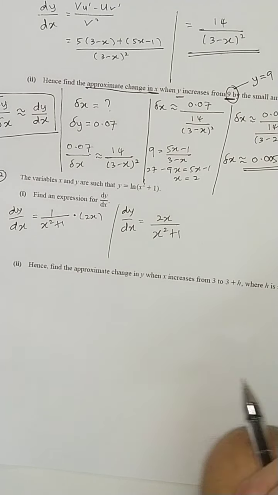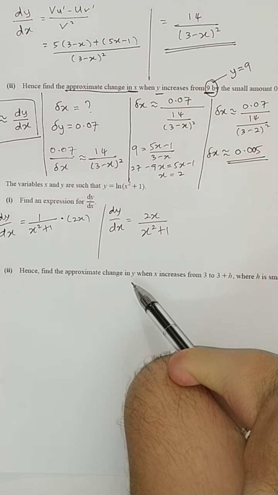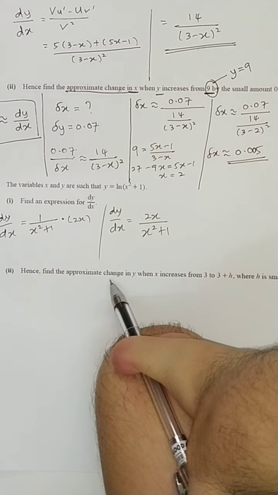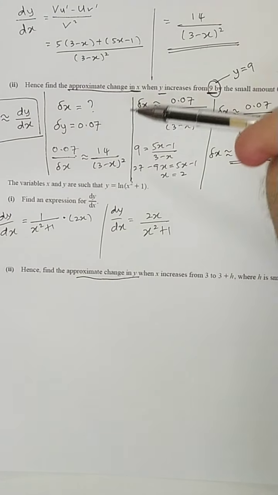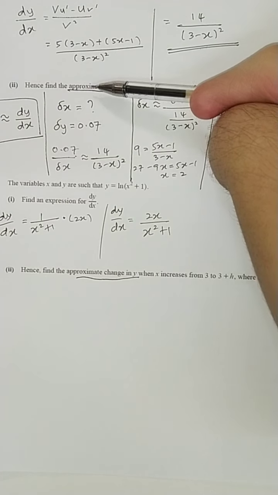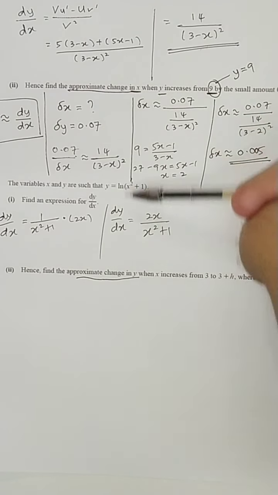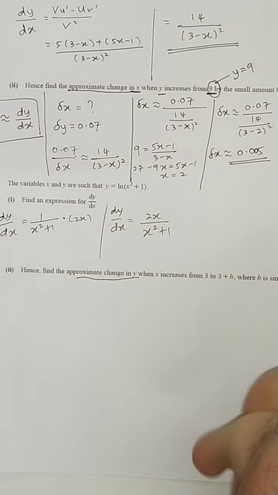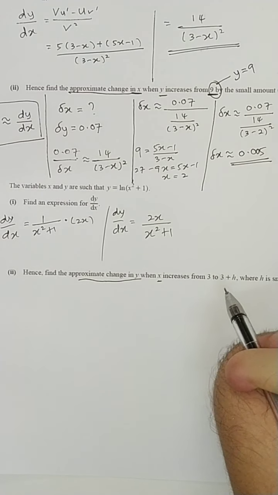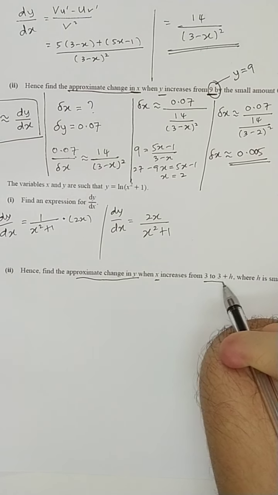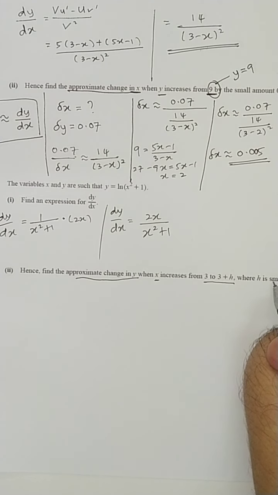It says hence, find the approximate change in y. This time they are asking for the approximate change in y, whereas in the previous question they were asking about the approximate change in x. So be careful which one they are asking for. Find the approximate change in y when x increases from 3 to 3 plus h, where h is small.